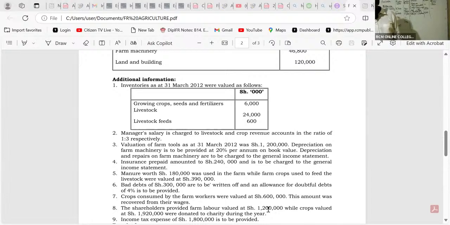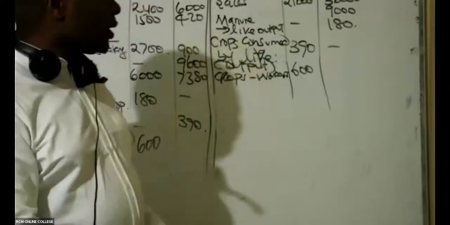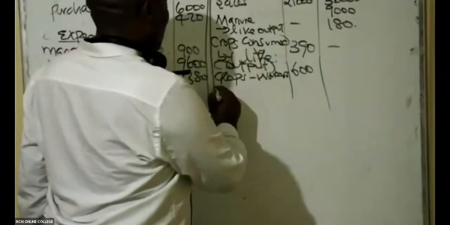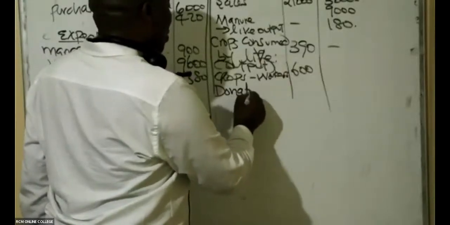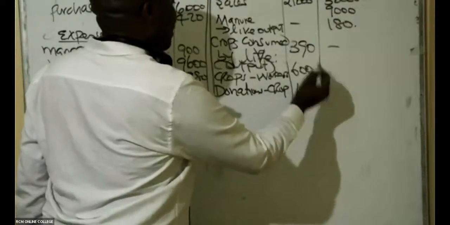So you shall not bring it here. But you can see we have crops that were donated. This is very specific to a biological asset. Crops valued at 1,920. These crops donated are something getting out of our system. So we have donations, crops worth 1,920.